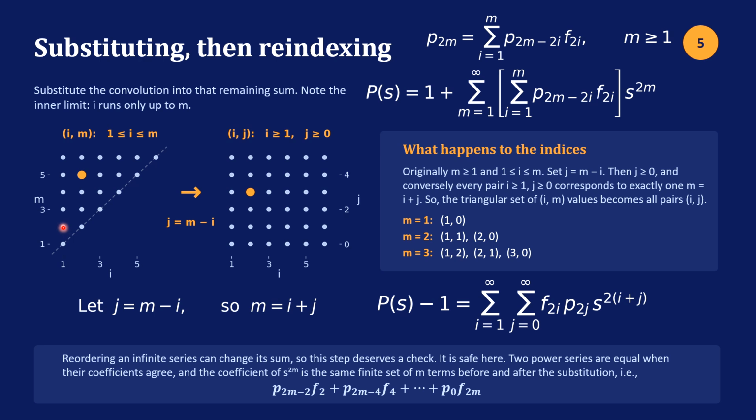So we've moved up to this point here. And then the next one is i is 2 and j is 0. So that's this point. And in that case, again, m would be 2 and i would be 2.